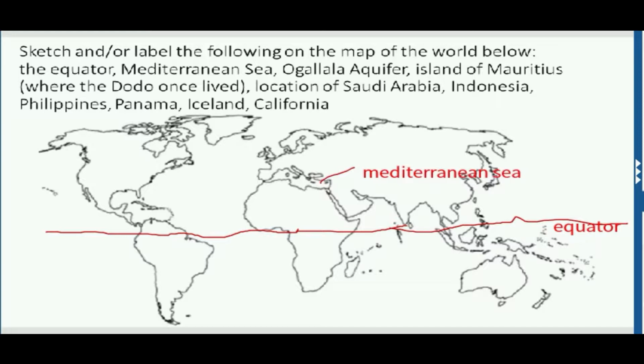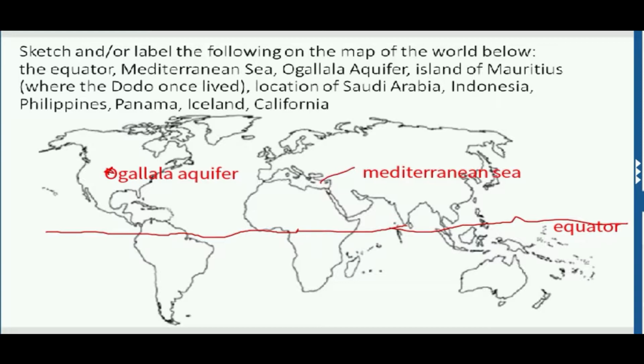What's next? The Ogallala Aquifer. This is the Ogallala Aquifer. Okay, so the star is right in the middle of the O. The island of Mauritius.